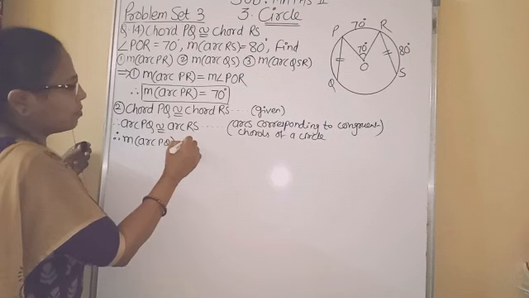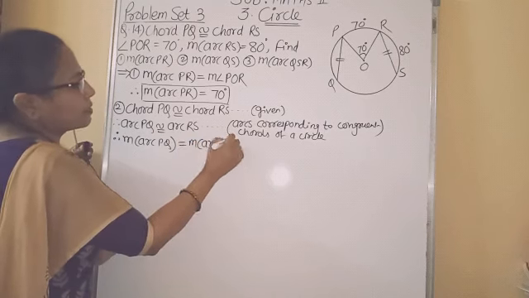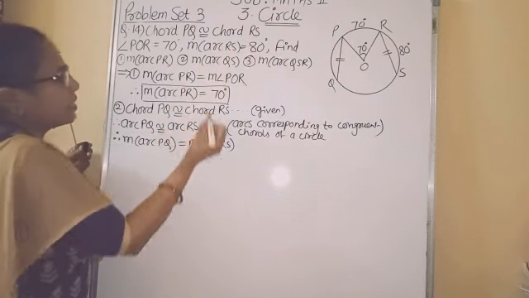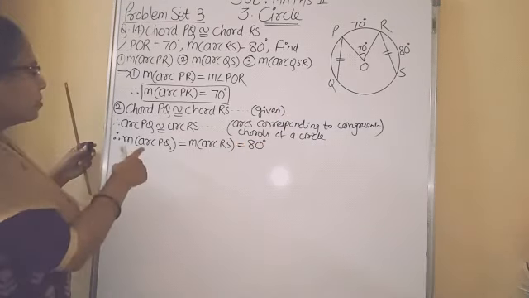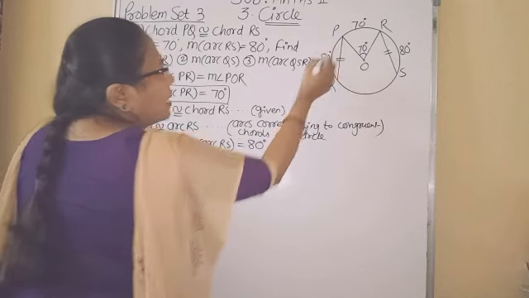Measure of arc PQ is equal to measure of arc RS, and the measure of arc RS is given as 80 degrees. So both are 80 degrees. Arc PQ is also 80 degrees.